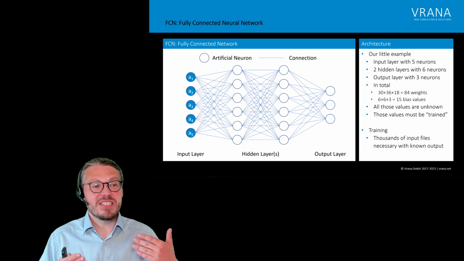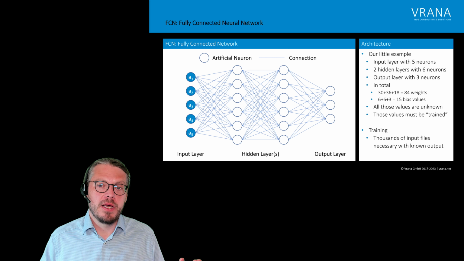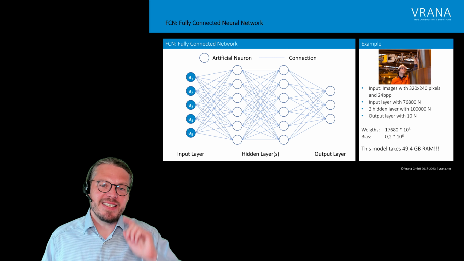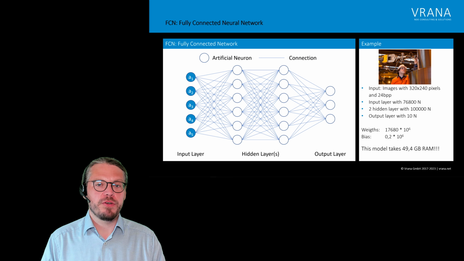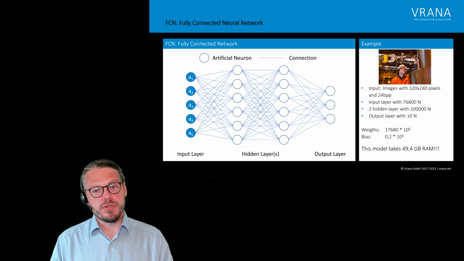Now, let's talk about something which is more reasonable, like a small image, like this image with 320 times 240 pixels. Now here we would need an input layer of about 70,000 neurons.